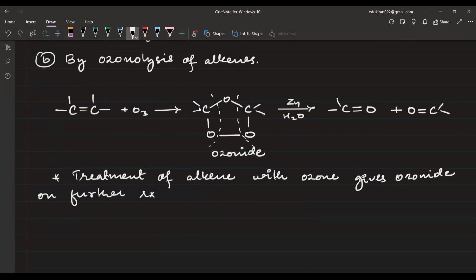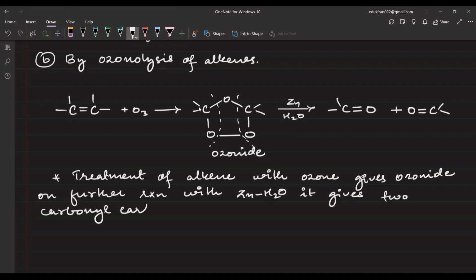On further reaction with zinc H2O, it gives 2 carbonyl compounds. Carbon किस पे गलत नहीं है हमने? Two carbonyl compounds लिख लीजिए, not carbons, 2 carbonyl compounds.